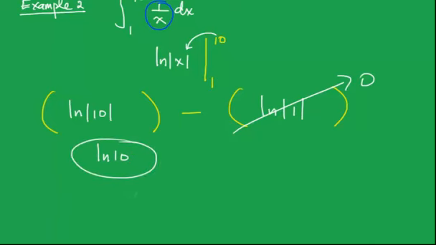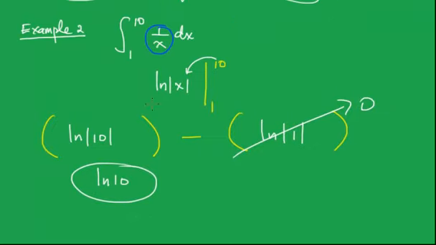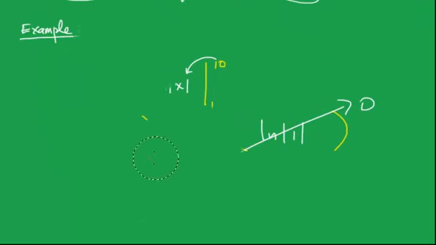Let's go over another example. Let me erase this one. So example 3, let's find the integral from 1 to 4 of 1 over square root of x dx.